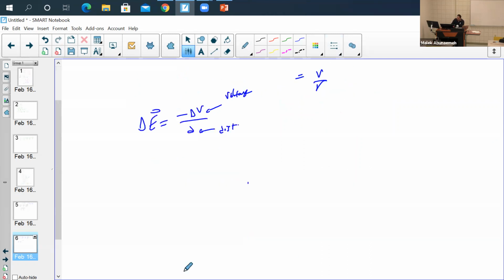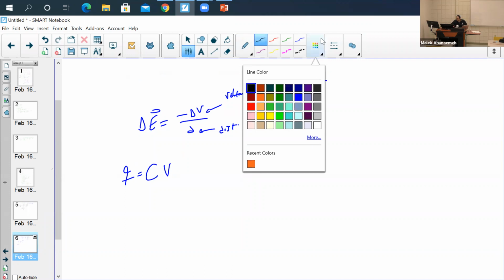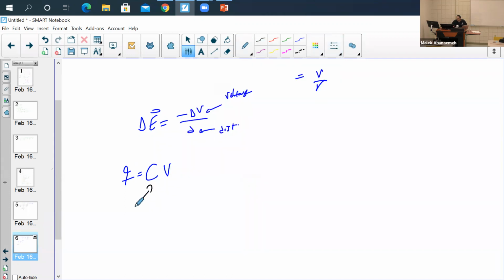Now, your charge is going to be something called your capacitance multiplied by your voltage. So C is your capacitance. This is your voltage.